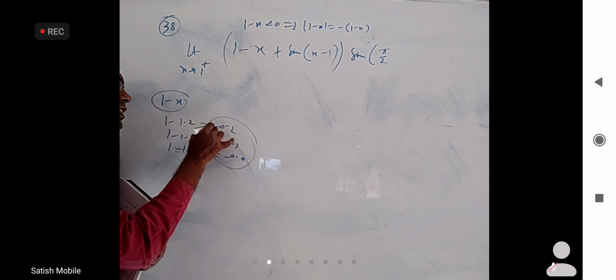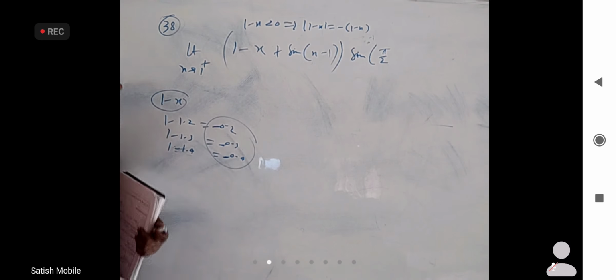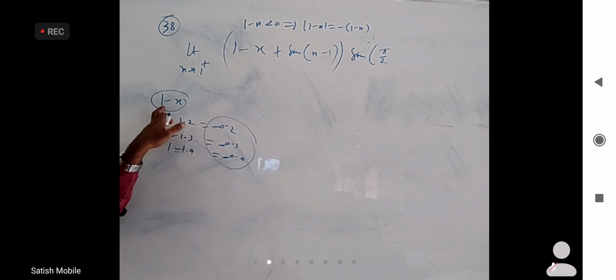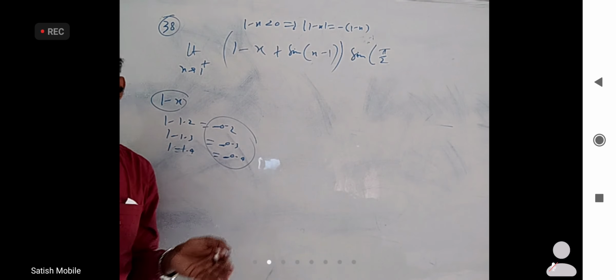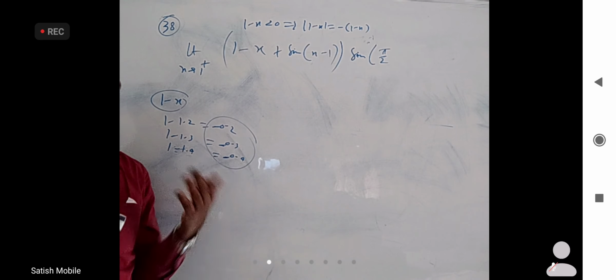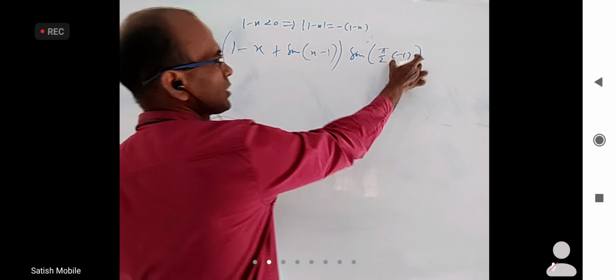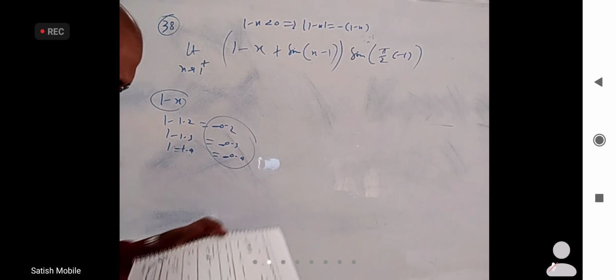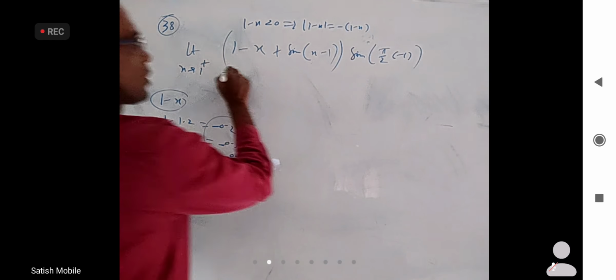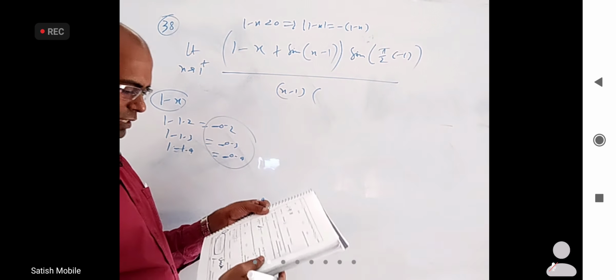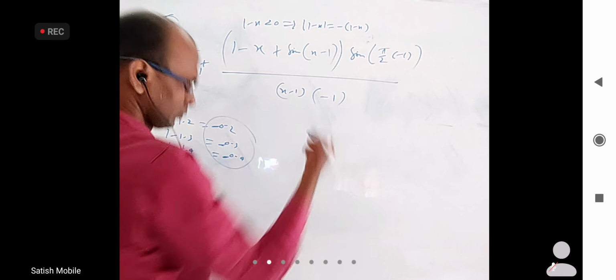Minus 1. So, when x is little more than 1, 1 minus x is little less than 0, minus 0.1, minus 0.2, minus 0.3, integer part will be minus 1. So, here I have to write minus 1, because actually here integer part of 1 minus x was there. Down also, mod 1 minus x is straight away x minus 1, and integer part of 1 minus x is minus 1.